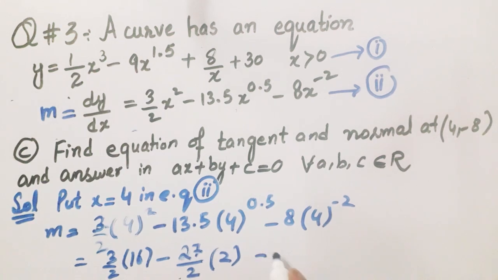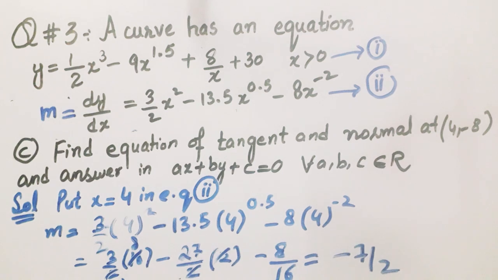Then minus 8 by 4 to the power minus 2 means 8 by 16. So after solving this, it is 8 minus 27 minus 1 by 2, which is equal to minus 7 by 2. So we get m is equal to minus 7 by 2.